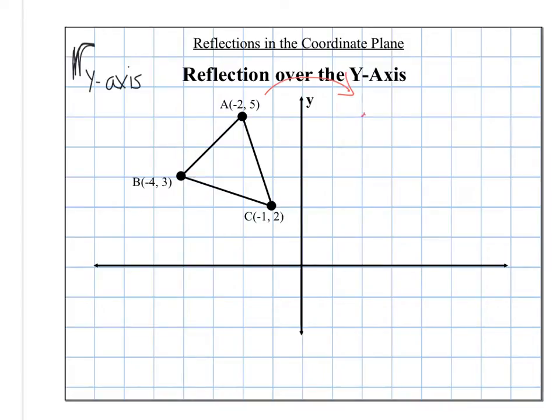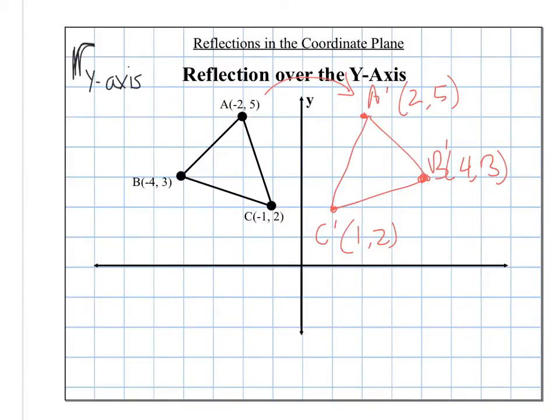A is going to come right over here as A prime, and that's going to go to point (2, 5). B, looking like it's going to be right about here at (4, 3). That's going to be B prime. And C jumps right over that line to be (1, 2). And I connect that triangle just like that. And you can visually see a nice reflection over that vertical y-axis.